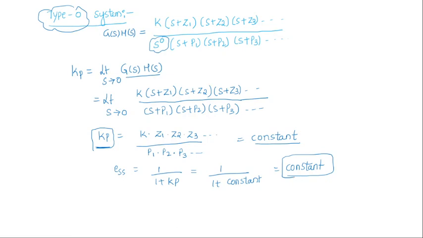Let me take type 1 system. For type 1 system, the number of poles at the origin is 1. I am just taking some random example.